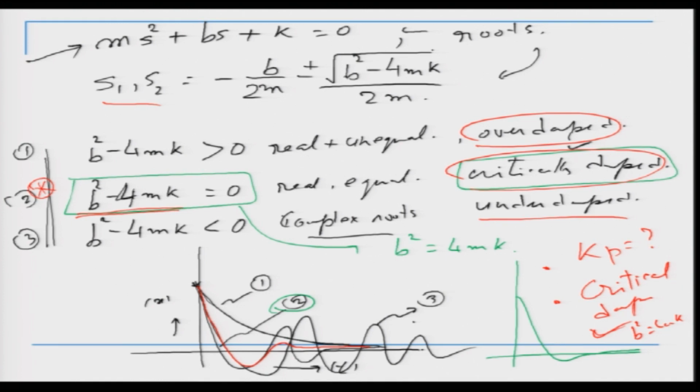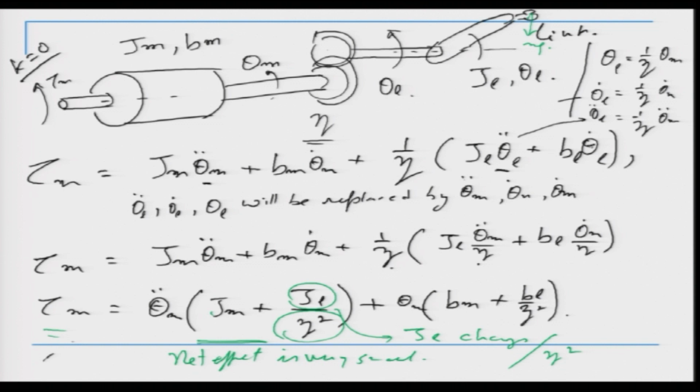Now, moving further, what we discussed in the last class, if we write the equation of the actual system, you have a motor on one side. This is my motor which is generating a torque tau m, and there is a gear in between the motor and the link, and there is a link on the other side.